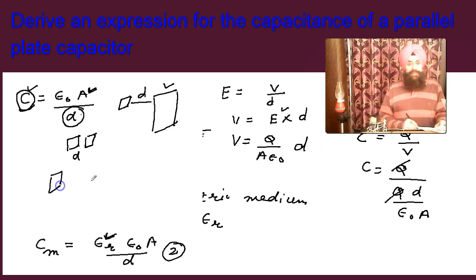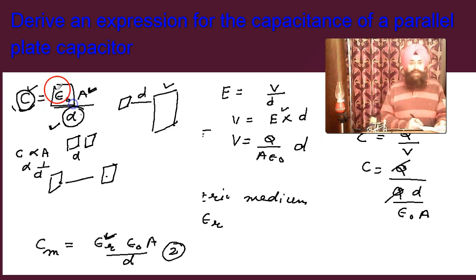If they are far away from each other, meaning d is large, then the capacity becomes small. So capacity is directly proportional to the area of each plate, and inversely proportional to the distance between the two plates, as well as depending on what type of insulating or dielectric medium is filled between the two plates.